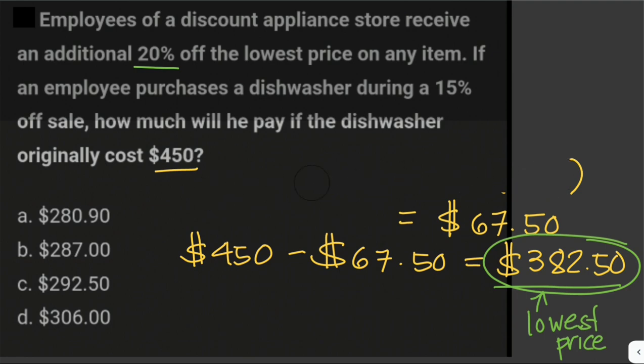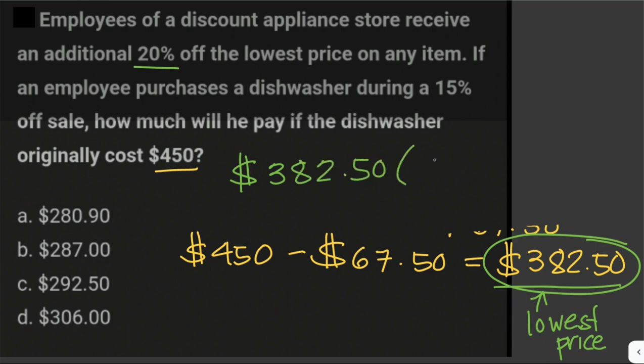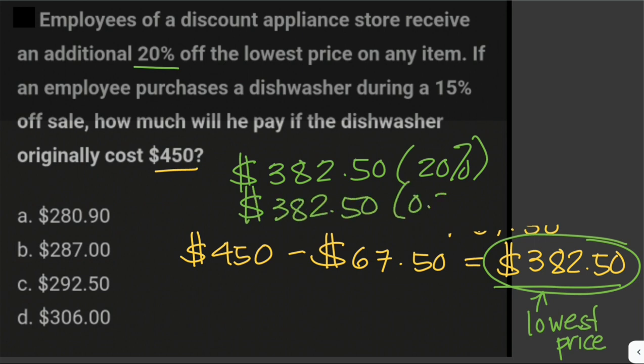Okay, so that would be 20% of $382.5. So times 20%, or we can write that as 382.5 times 0.20.